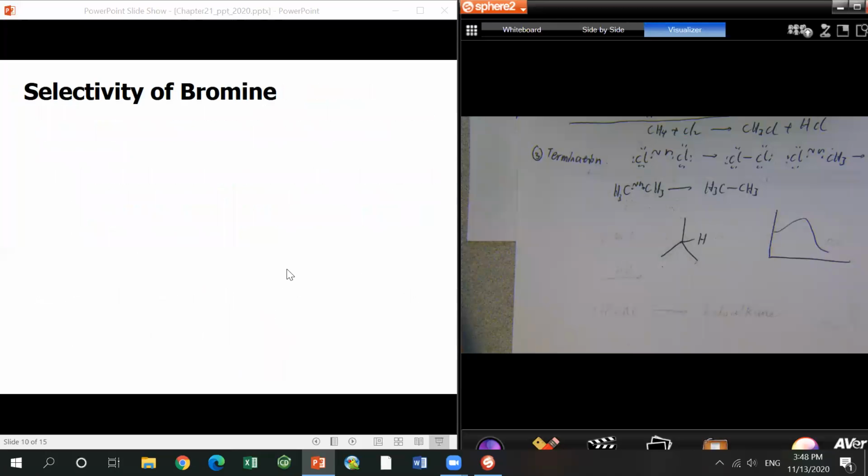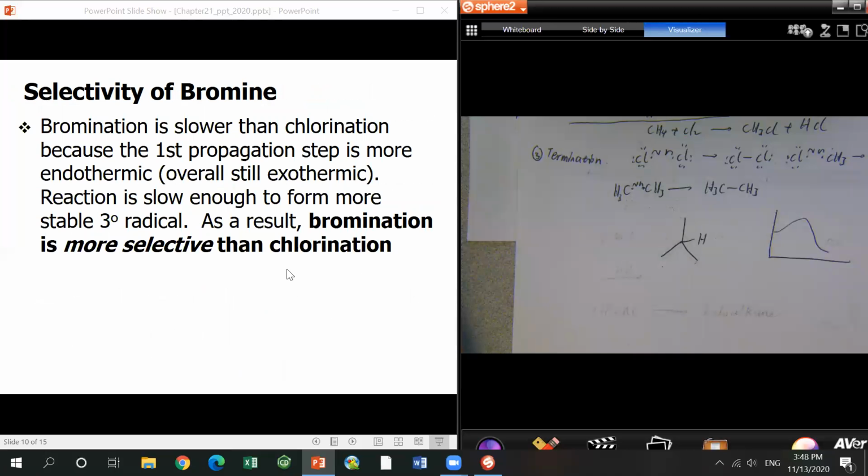But when we come to bromine, radical bromination is much better. We can get more selective positions and also generate only the mono-bromo compound. The reason is that the first step of the reaction is the rate-limiting step, as the energy diagram shows. The first step is much slower, so you need to give enough energy.